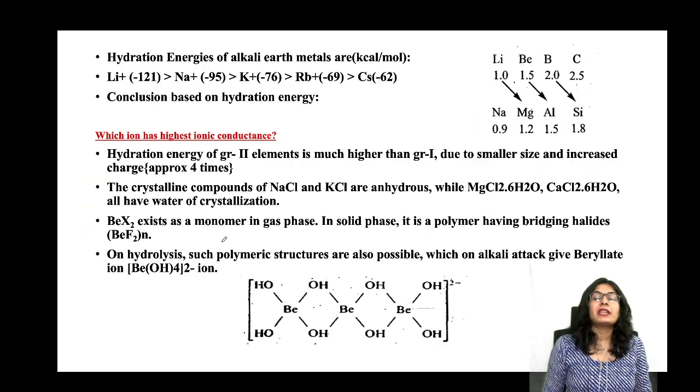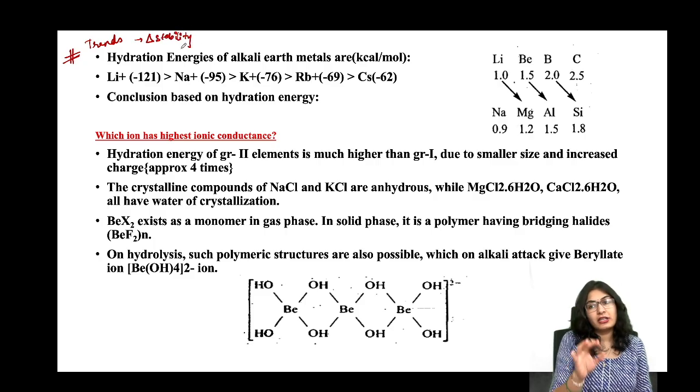Okay. Yes. Another important point, see, I told you, just remember some trends. Whose trends? Trends of, let's say, thermal stability, trends of melting and boiling points. Lattice energy, hydration energy, solubility product.